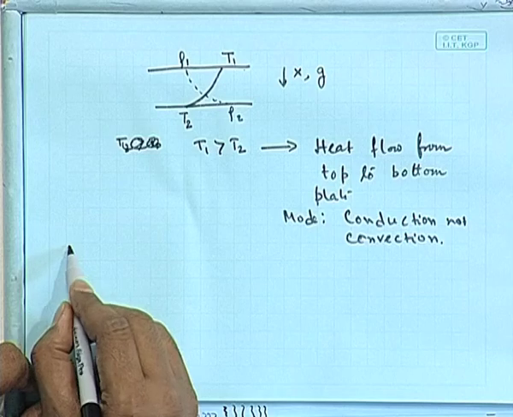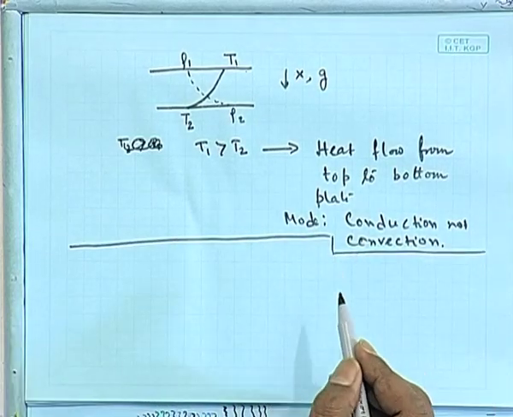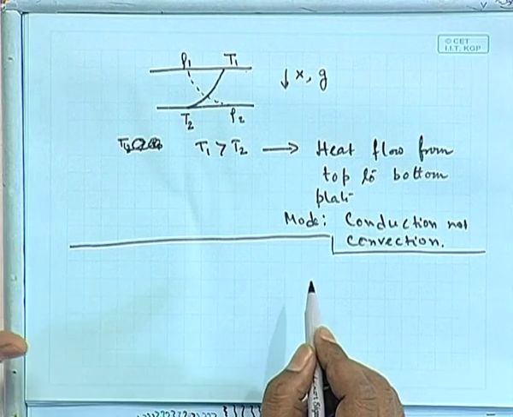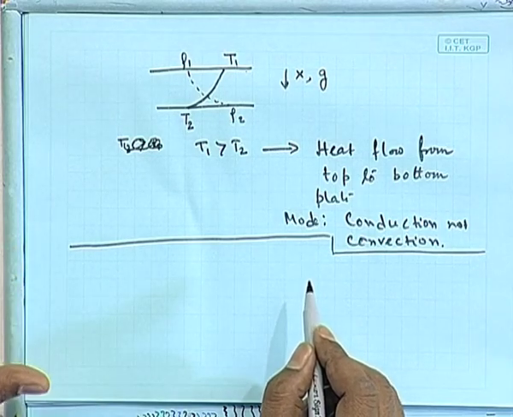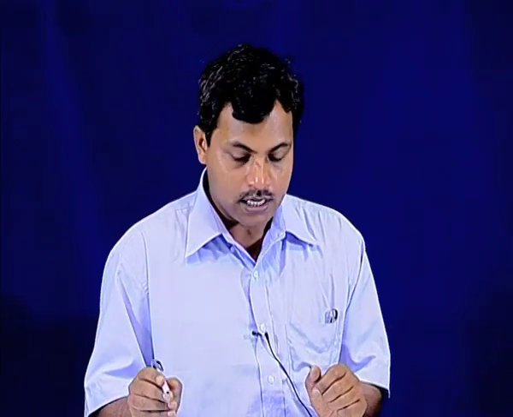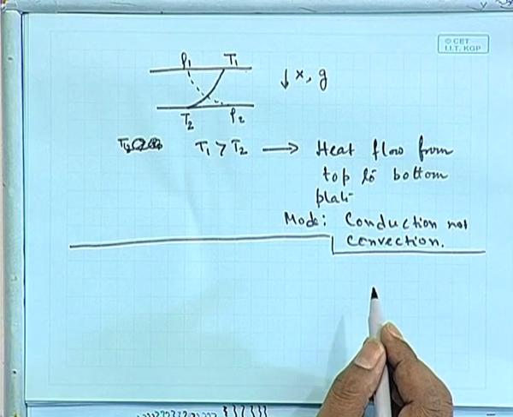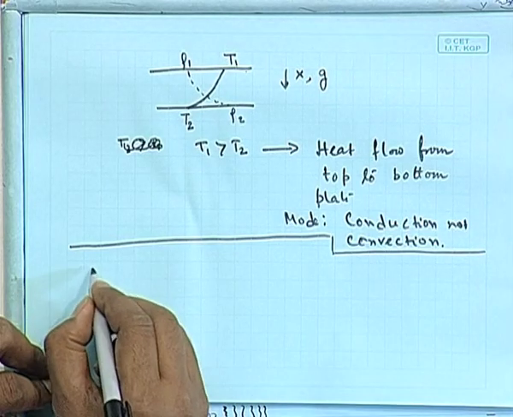Now, in a practical problem, these may be a simple plate, or a cylinder, or a sphere placed horizontally, vertically, whatever the position may be. Let us look into how to develop the heat transfer coefficient for such a system.